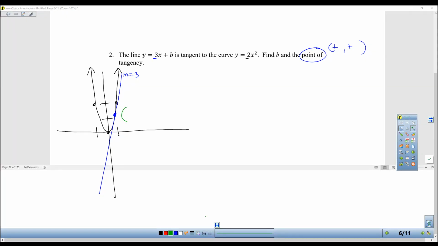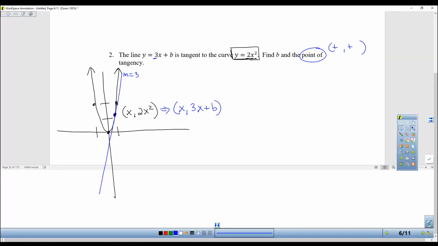This is the interesting thing here. I'm actually going to change the color so you can kind of follow along there. By the black curve, that point is the point x comma 2x squared, because that point is on this parabola. But at the moment that it's tangent, it's also on the line, so it's also the point x comma 3x plus b.